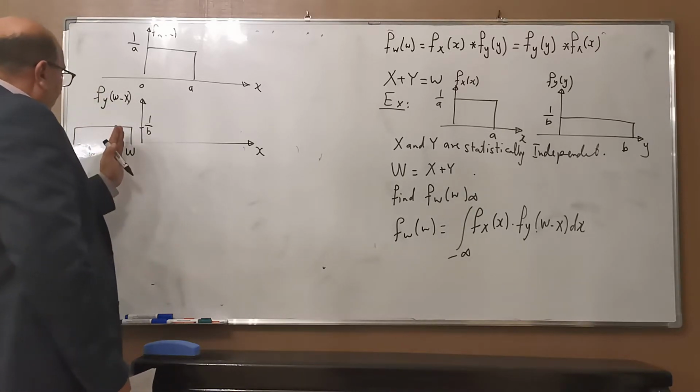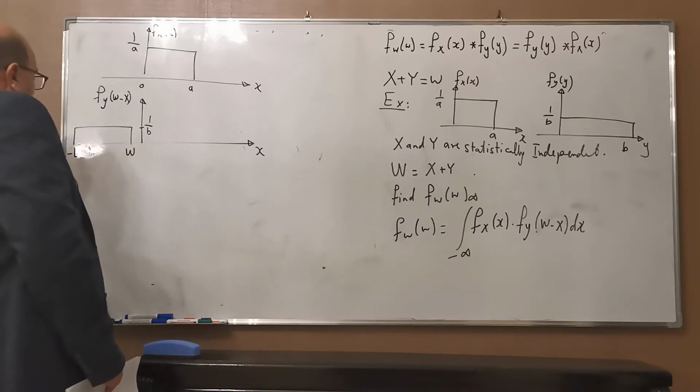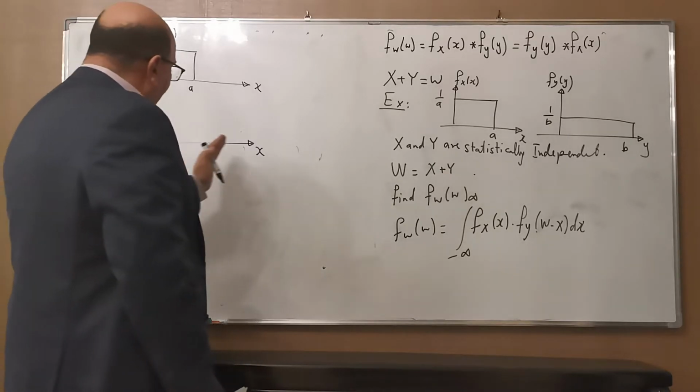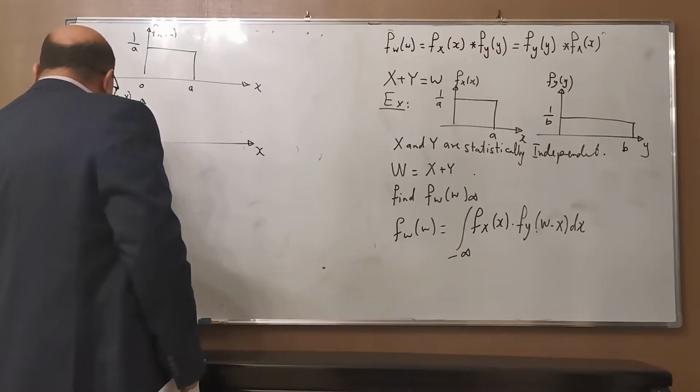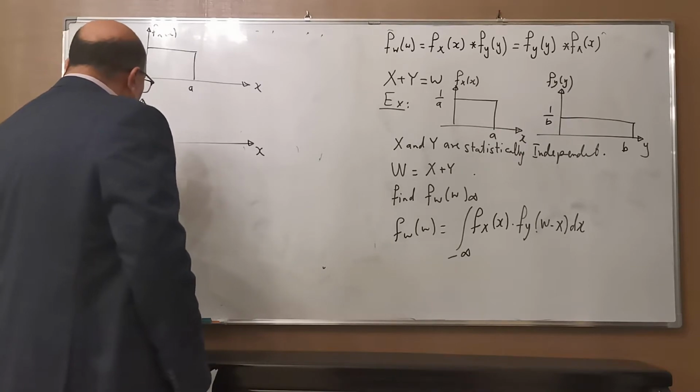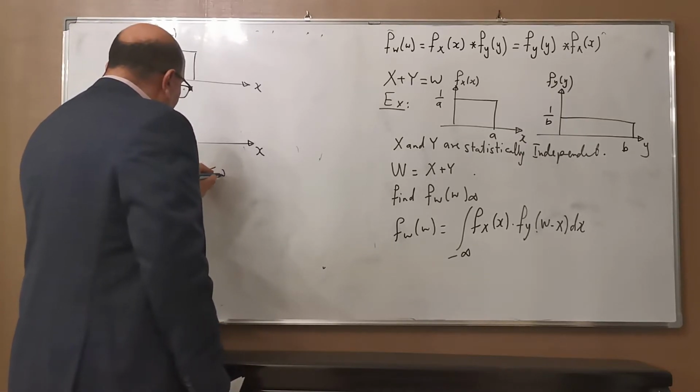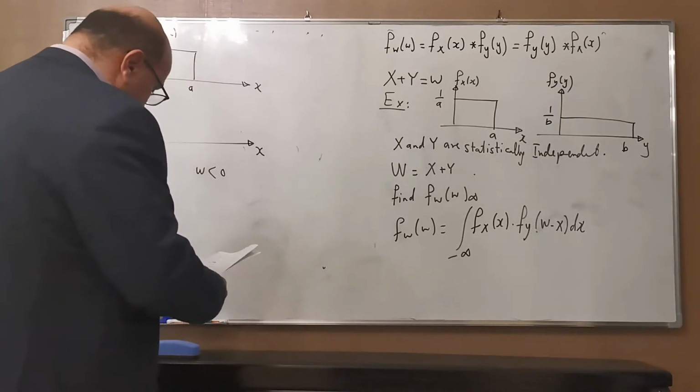Now if we are moving this from w equals minus infinity up to infinity, we can say that fw of w equals 0 for w less than 0. Okay?